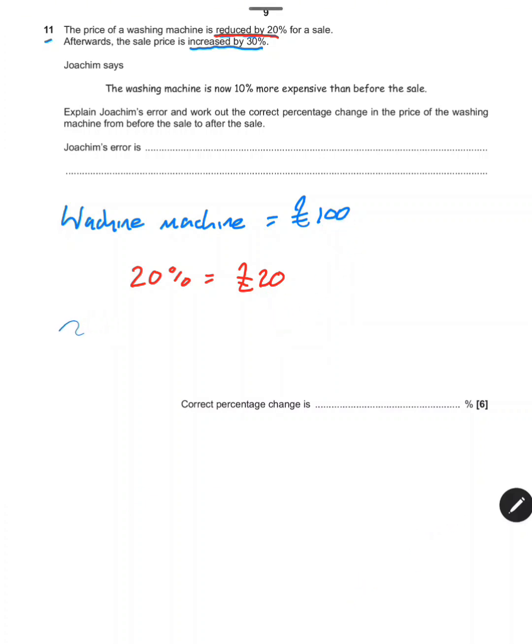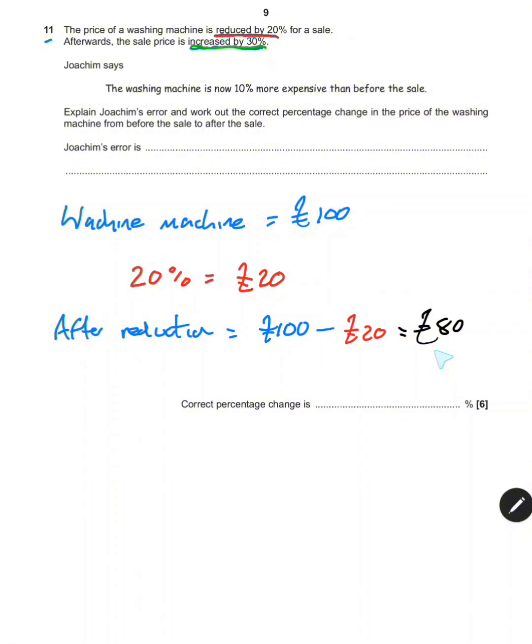So after the reduction, we've got £100 take £20, and my washing machine is now £80. The washing machine is then increased by 30%, and it's this here that we're increasing by 30%.